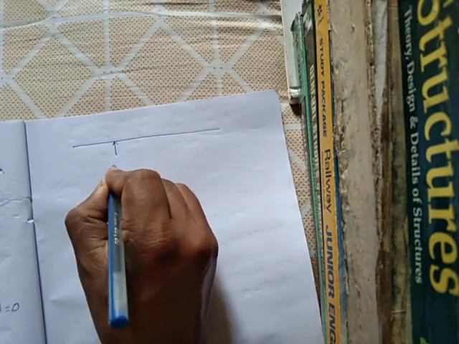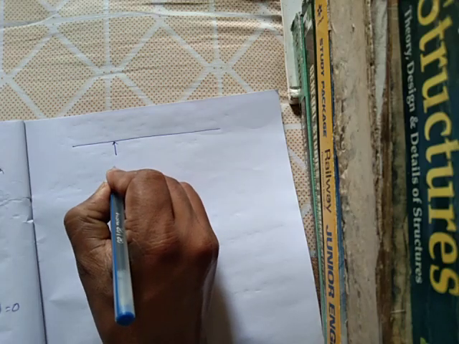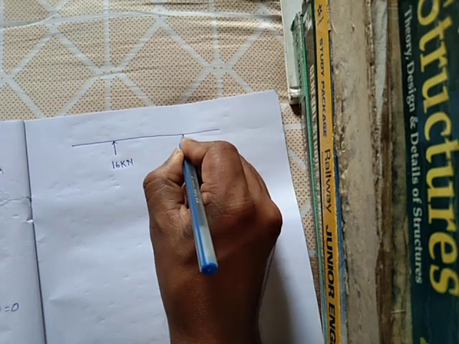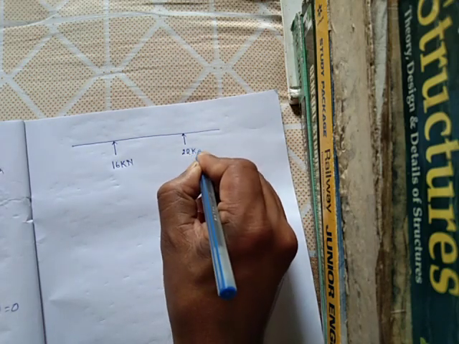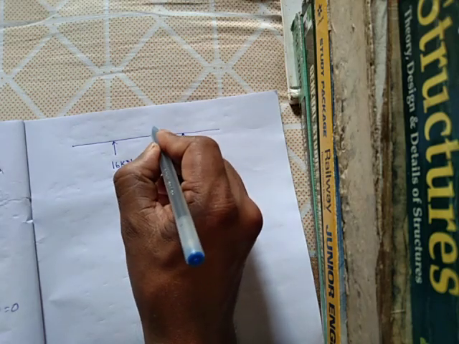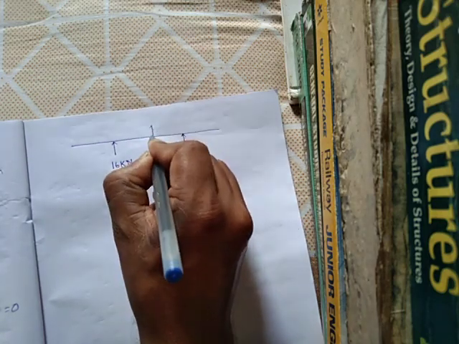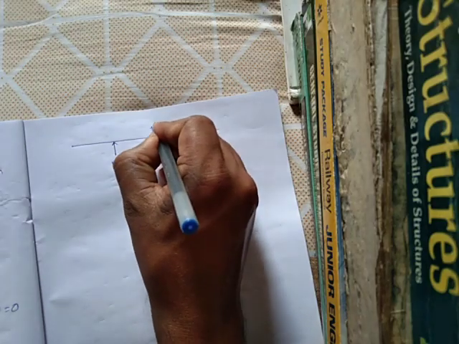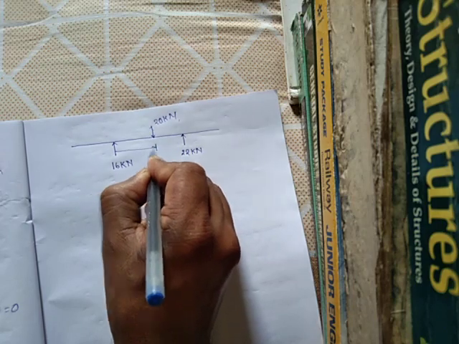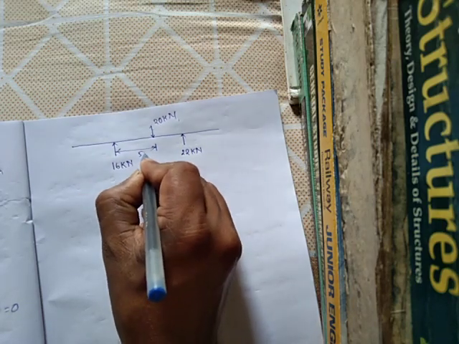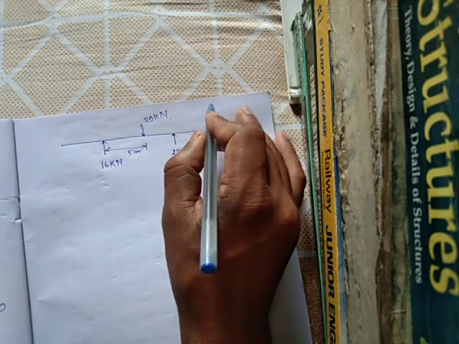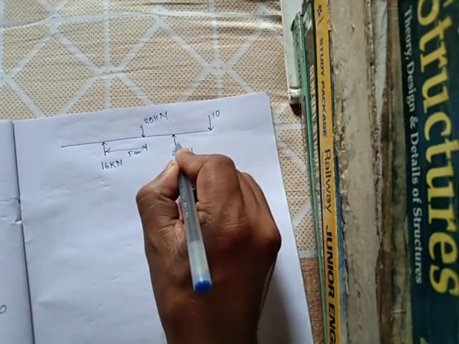The support reaction RA equals 16 kilonewton, and reaction RB equals 22 kilonewton, which we already found. There is a 20 kilonewton load on the beam between supports, at a distance of 5 meters from the left support, and at the right side, the free end of the right overhang portion carries 10 kilonewton.